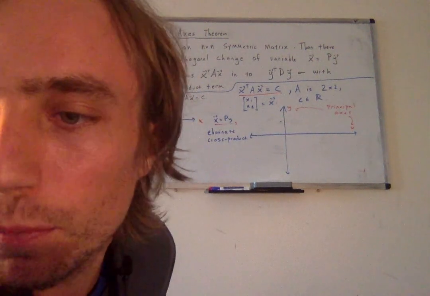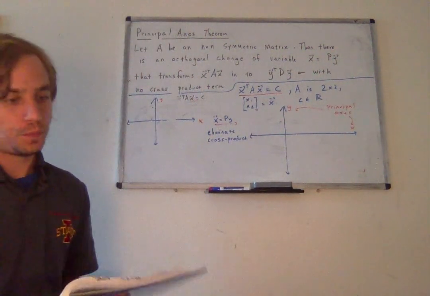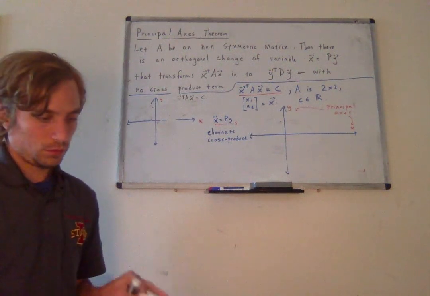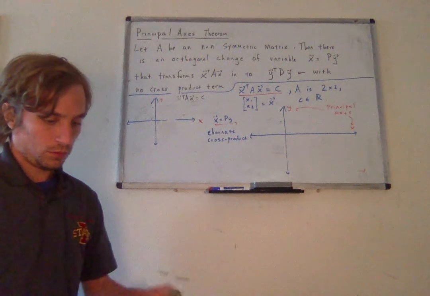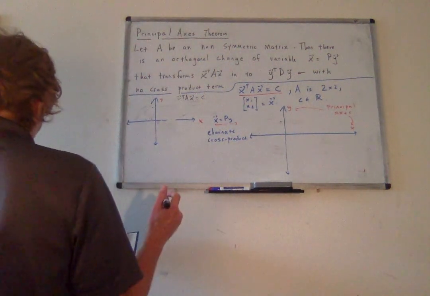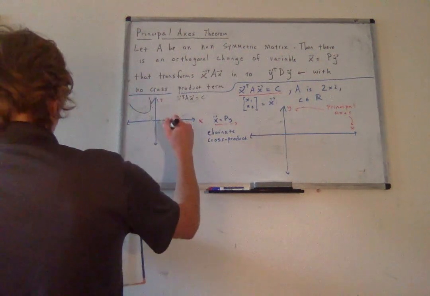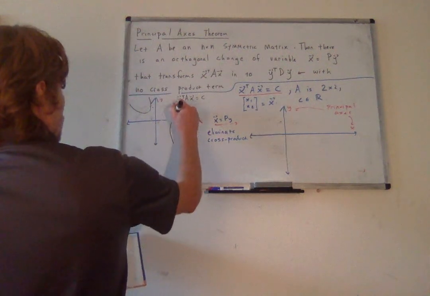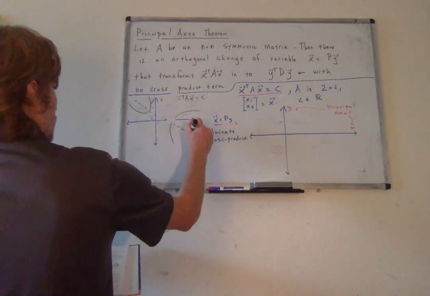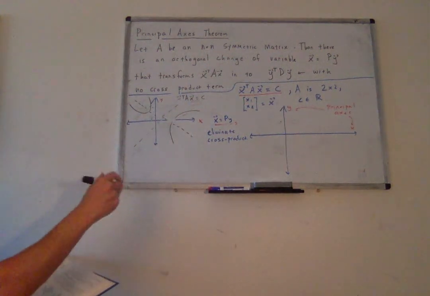Let me actually make sure I get this right. So a hyperbola might look something like this, right? Where this is a hyperbola whose principal axes are not focused at the x and y axis.